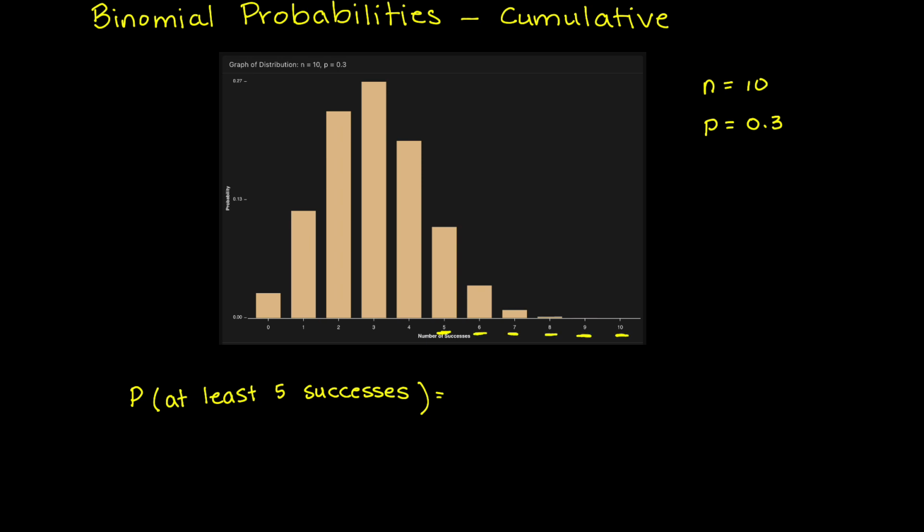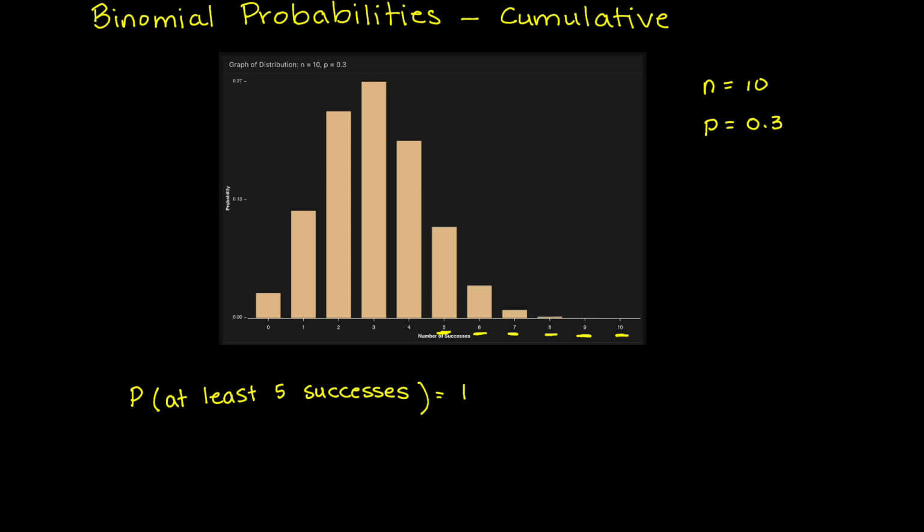Rather than trying to memorize a formula for these, I would say just know that the probability of 0 to X successes you calculate by using that binomial CDF function, and then just sometimes realize that you need to do 1 minus for this type of problem where it doesn't start at 0.